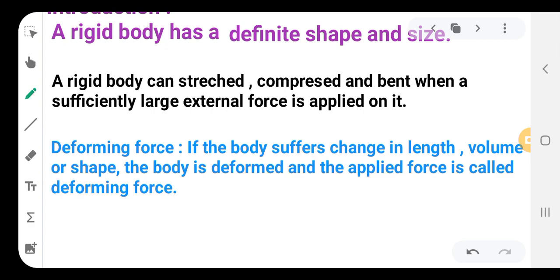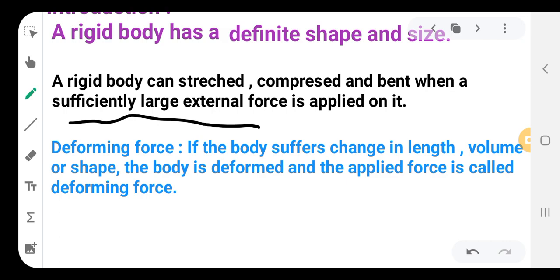A rigid body can be stretched, compressed and bent when a sufficiently large external force is applied on it. This one sentence you have to note down. There is no ideal rigid body. But when we apply a sufficiently large external force, it can be deformed.